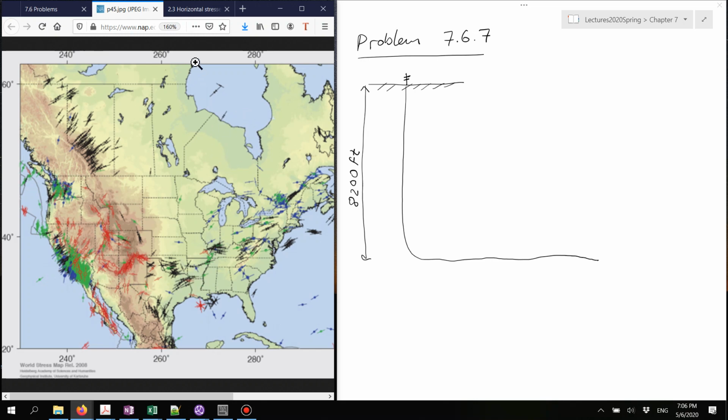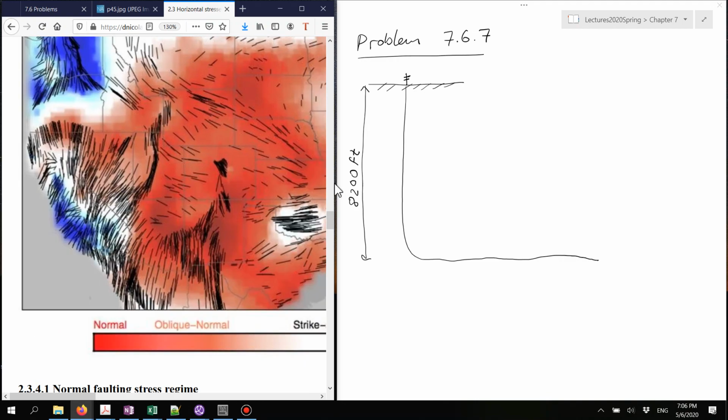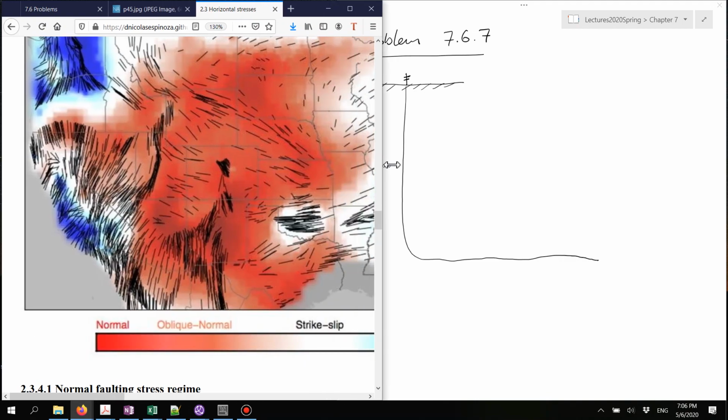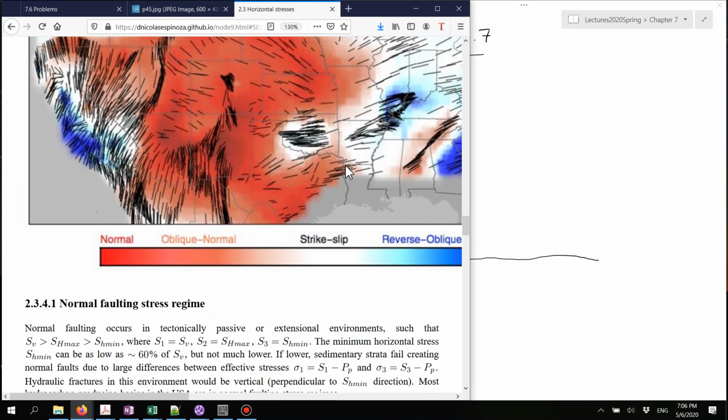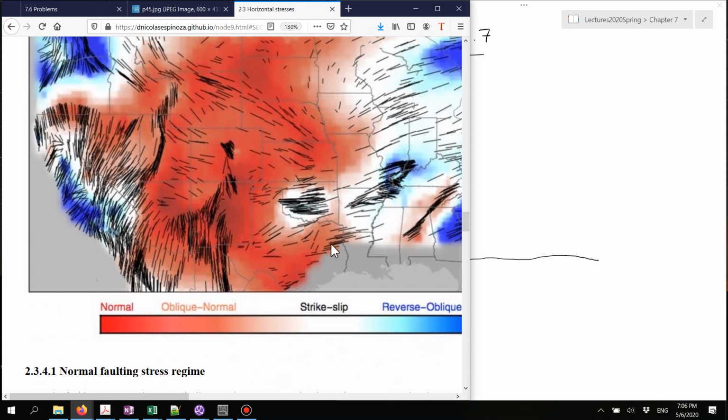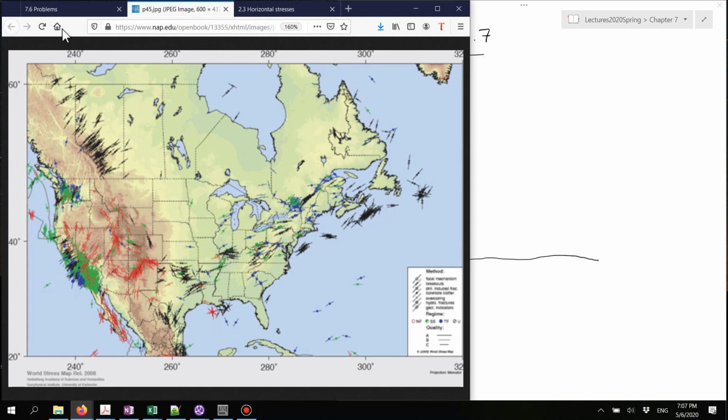And also you could use alternatively this other map that I also like a lot. This is in chapter 2. Here also, for a region close to the Barnett Shale, you can observe what is the direction of SH max. If you know SH max, you know what the direction of SH min is, right? Because SH max is going to be perpendicular to SH min.